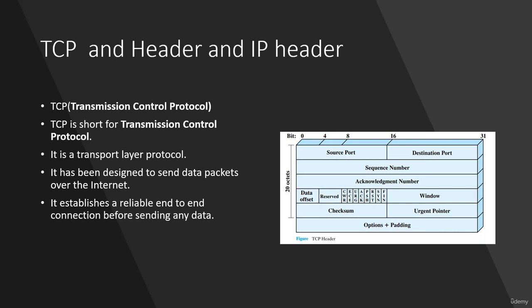We discussed yesterday: for HTTP 80, HTTPS 443. Correct. So HTTPS or SSL port number is 443. Then in the TCP header, the destination port will be 443, and the source port number will be something randomly generated.